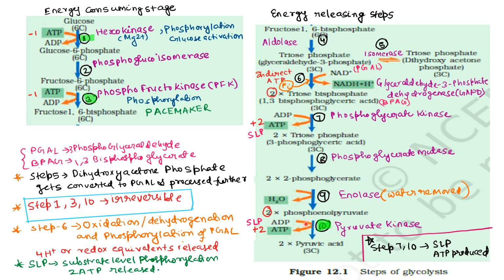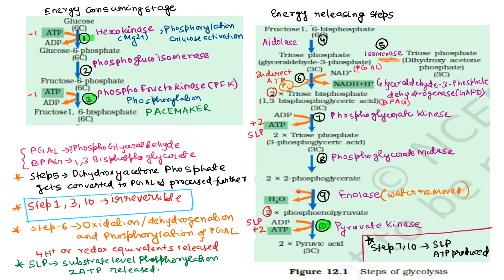Okay. Now, the 10th step is also another important step in glycolysis. It is also irreversible in nature, and here again a molecule of ATP is formed. So when phosphoenolpyruvate is converted into pyruvate, one molecule of ATP is formed. But we have two molecules of glyceraldehyde phosphate which are undergoing the reaction.